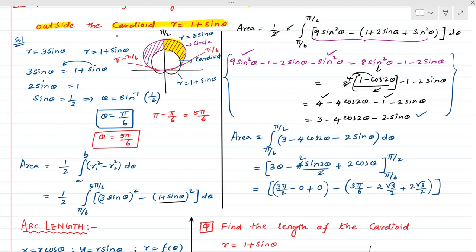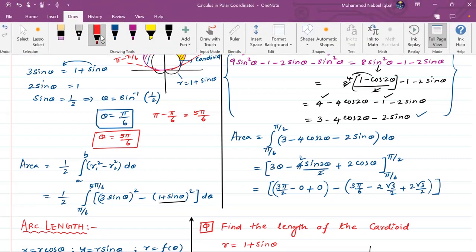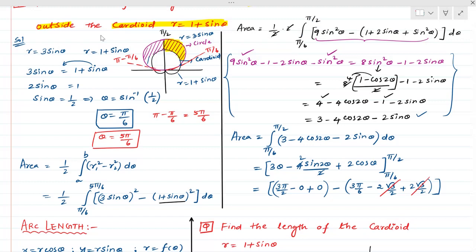So what is cancelled here? This one and this one get cancelled, same term.